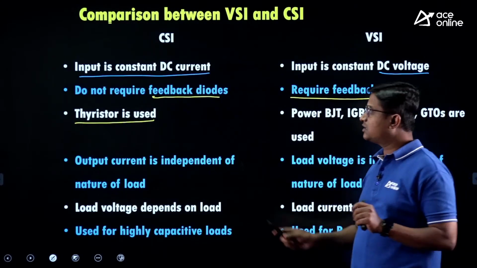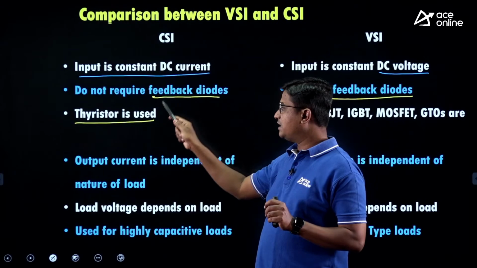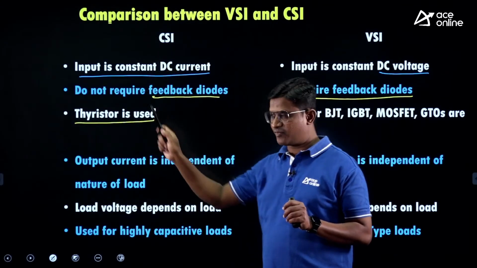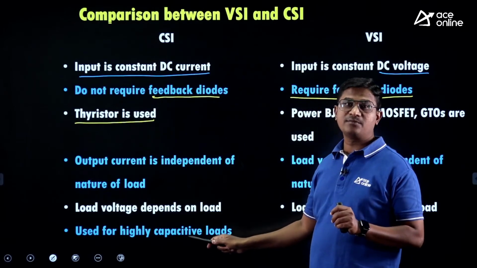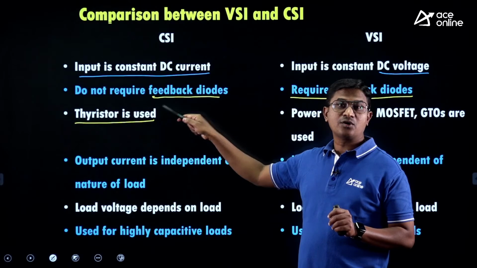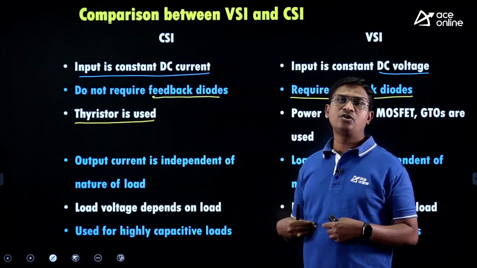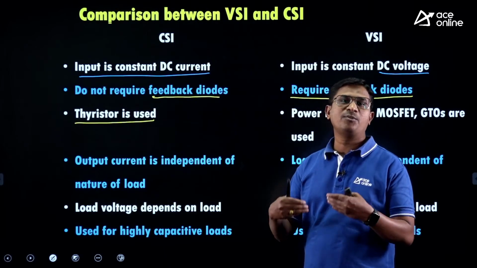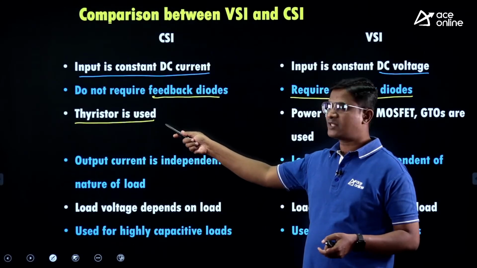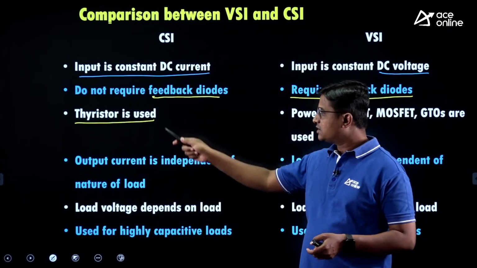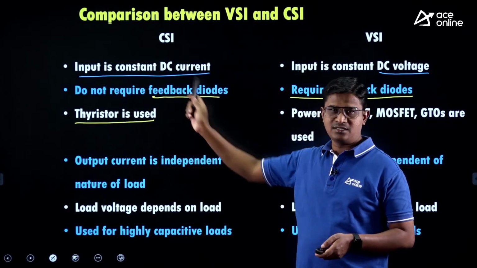Even though I use the thyristor, I need not go for the forced commutation circuit. Means for turning off the thyristor, additional elements are not required. So that's why thyristors are preferred in CSI.